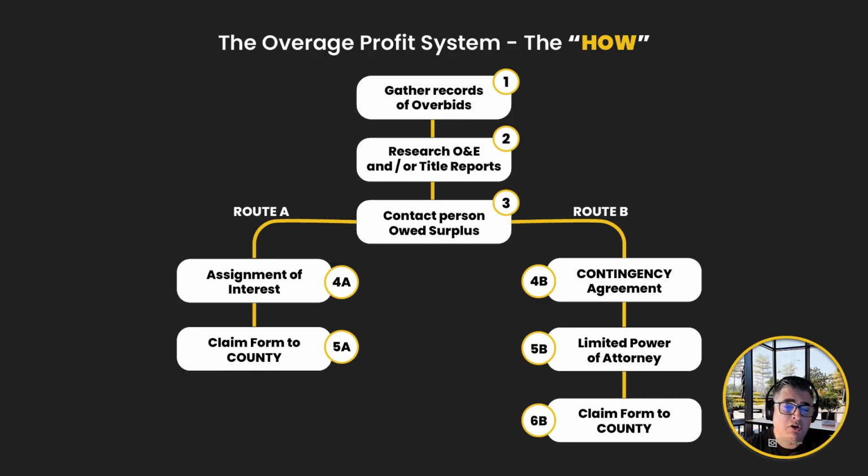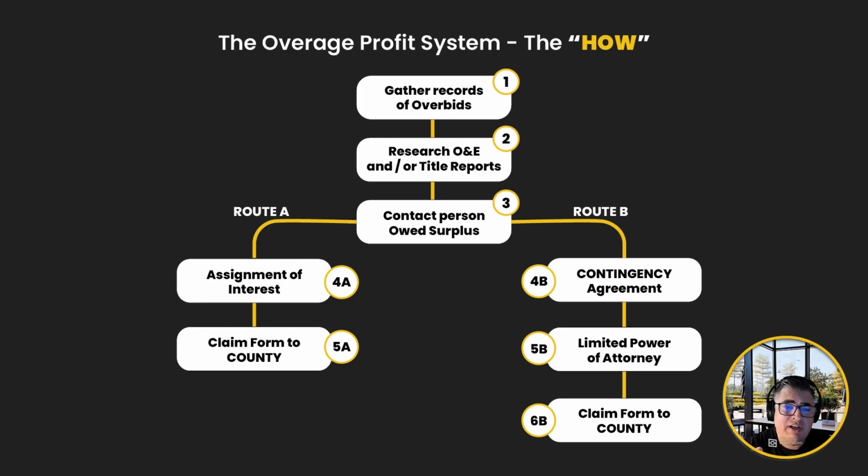So you want to reach out to the county, or at least do some due diligence, finding out what forms are accepted in order to decide what kind of route you want to take. So Route A would be an assignment of interest and a claim form to the county. Now, those aren't the only two documents that are required. There's other documents as well, such as a copy of the deed showing ownership of the property, and some other documents that may be needed, such as a copy of their ID or driver's license.